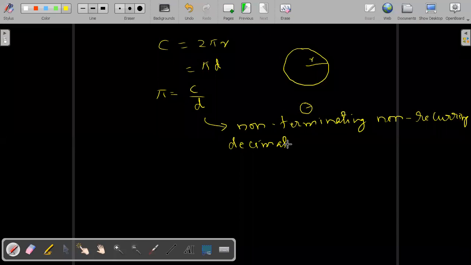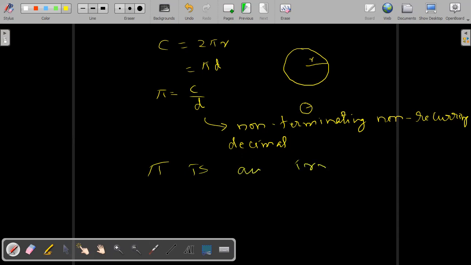So many mathematicians tried to find the value of pi up to lakhs or thousands or millions of decimal places, but it was not terminated. They tried to get the exact value, but it was going on without repeating. So that's why pi is an irrational number.